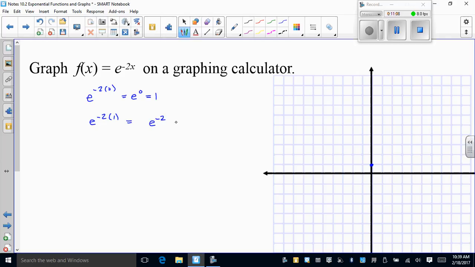So it's going to be a smaller fraction, down here somewhere. And if I did negative 1, e to the negative 2 times negative 1 would be simply e squared. So if we got 2.7, blah, blah, blah, it's going to go up very, very quickly to like 5.